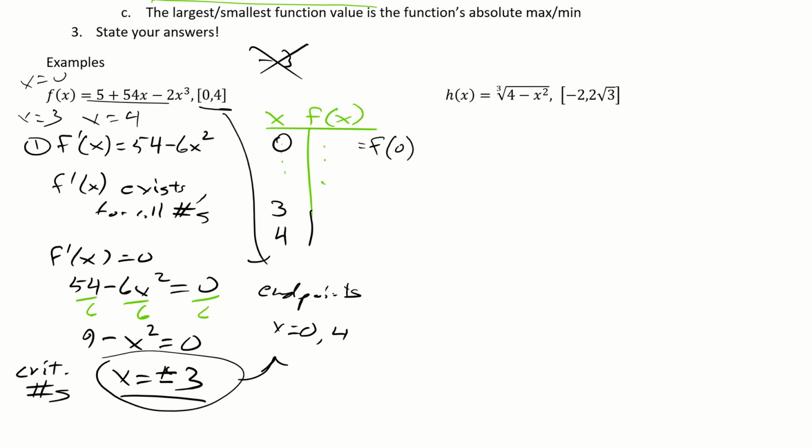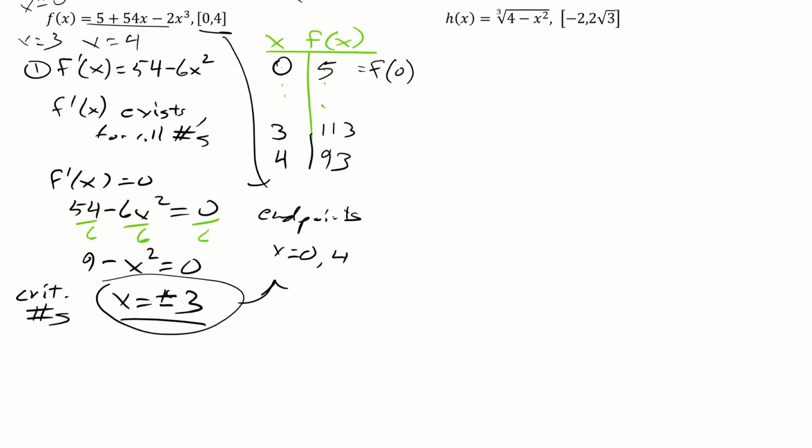Make sure you make a table and write f of x. The numbers I got in this case were, I think these are right, 5, 113, and 93. Could be a mistake there, but hopefully not. At least you're getting the gist of that.